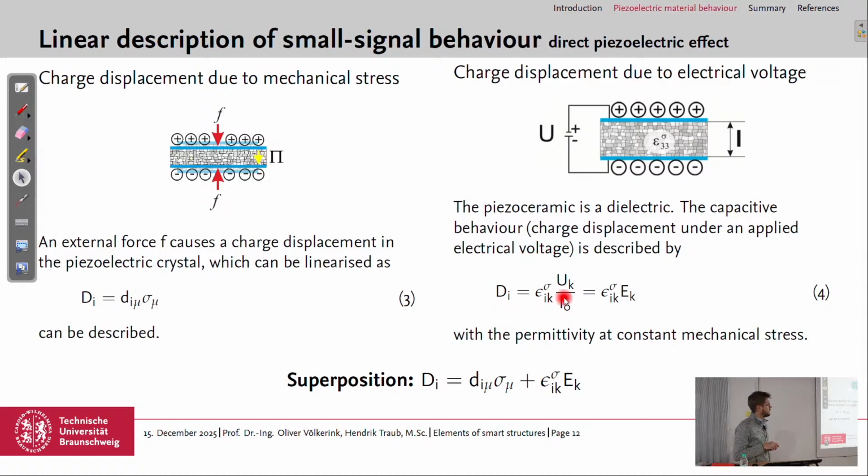And again, we can describe the electrical field also with U divided by L0, so with the distance between the electrodes. And we can again superpose these equations.